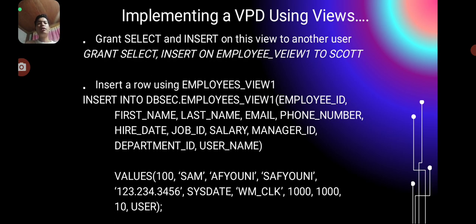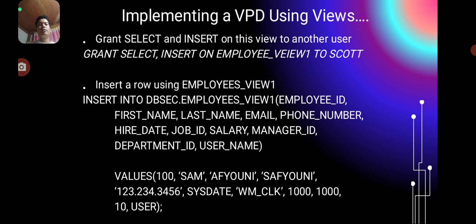For example, the input values are 100, then Sam is the first name, the last name is Afiuni, and the middle name is Sefioni. For example, the phone number is 123234345, and so on.